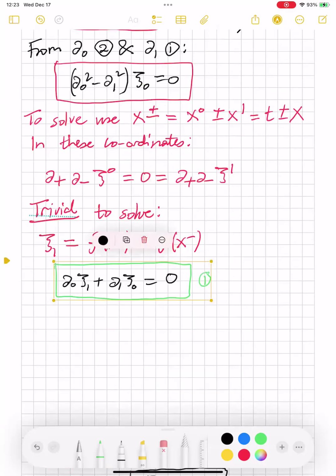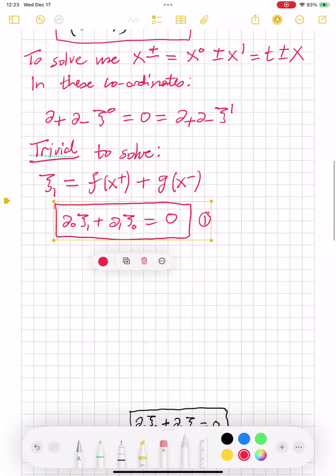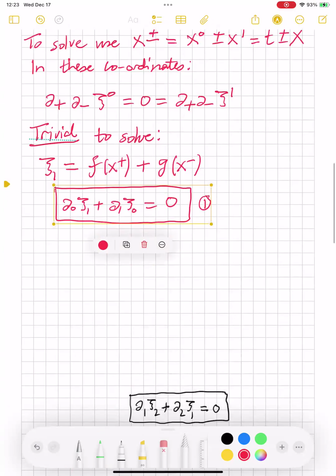And what is this telling us? Well, it's telling us the following.